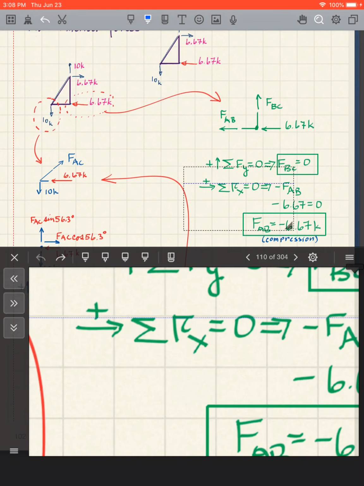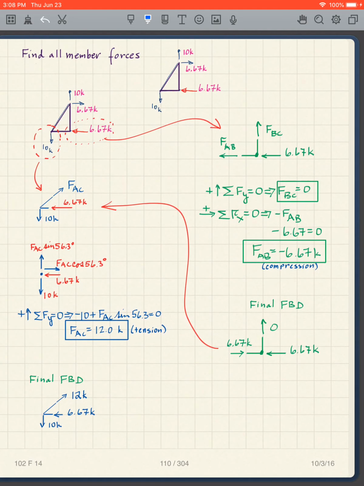And then I look at this drawing again, and okay, something went awry here. Oh, there we go. So I get FAC equals 12 kips, and then I know what FAC is, so it's 12 kips.